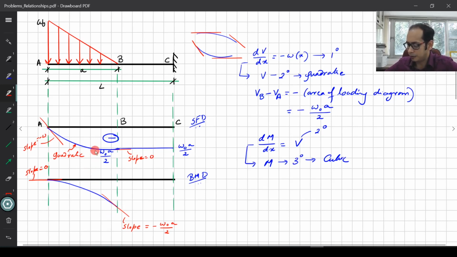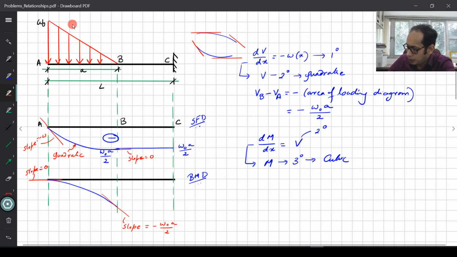You can simply find it by integrating this one, or if you just want to use the rule for the area of the parabola, because here from this one you are going to a zero slope. So if you take the area, the area of this one will be the area of the inscribing rectangle. So remember, how do we find the moment?